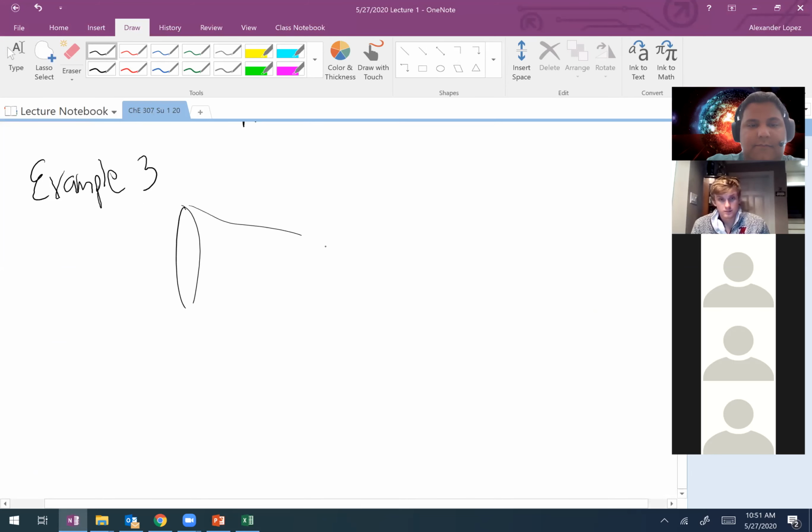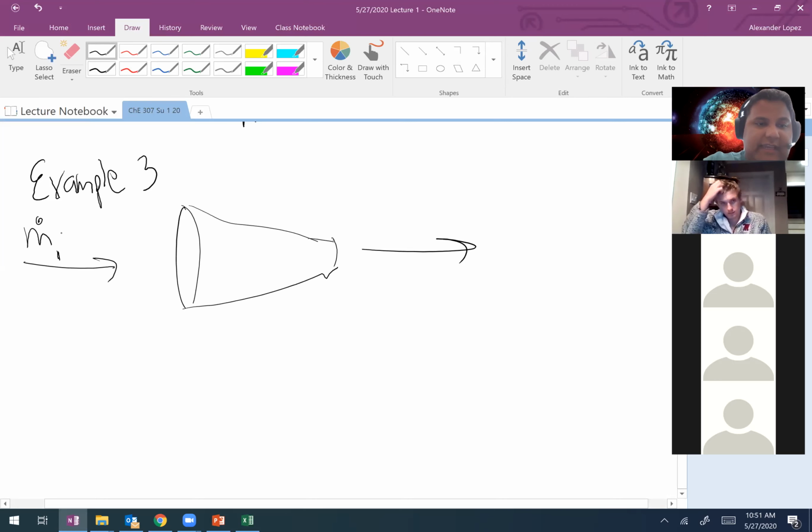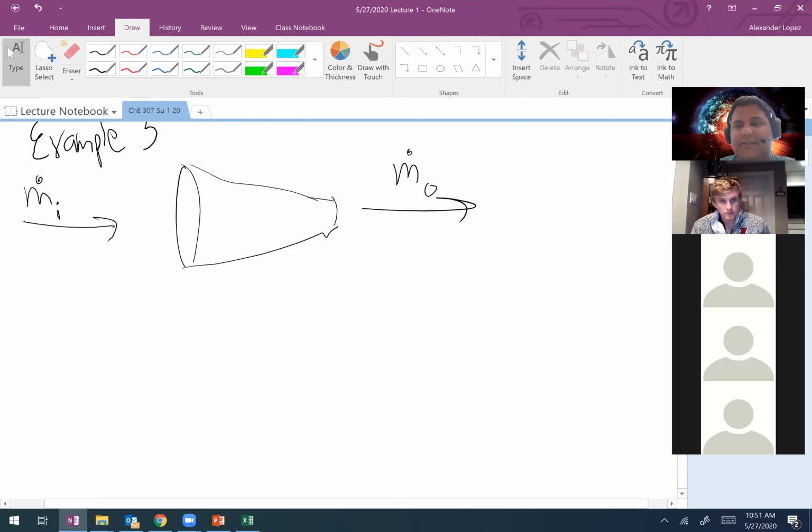So I've got a cone. It's got some mass flowing in, and some mass flowing out. So what can I say regarding the mass flow rate moving through this cone?